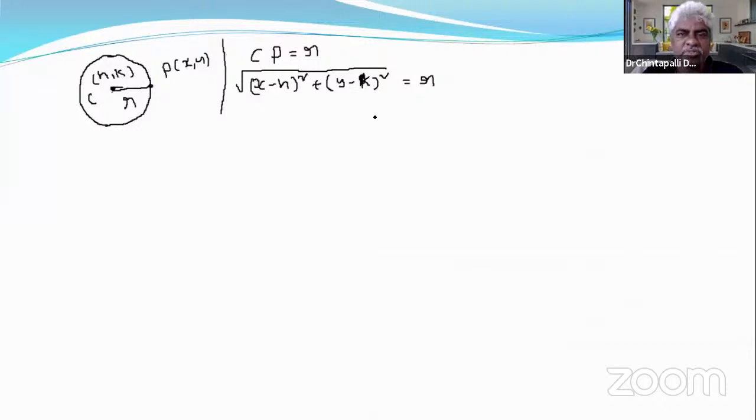Now squaring on both sides, it is x minus h whole square plus y minus k whole square equal to r square. So it is the basic and standard formula of a circle: x minus h whole square plus y minus k whole square is equal to r square.